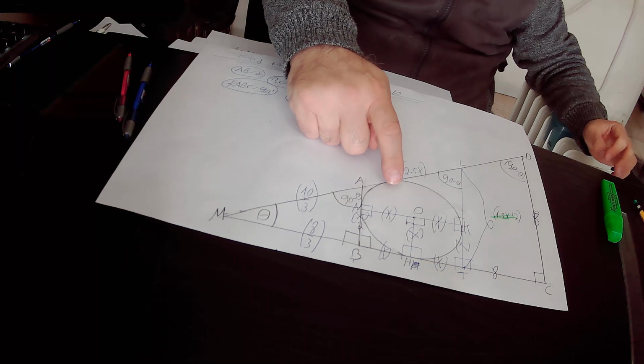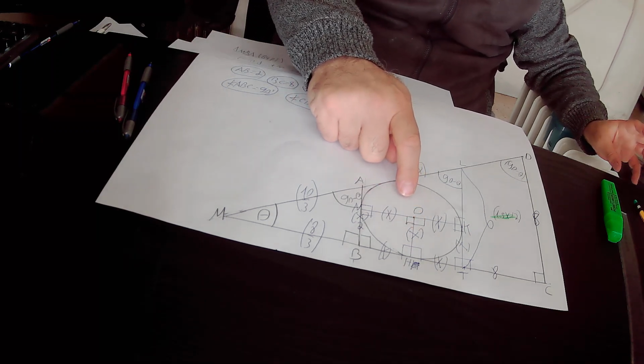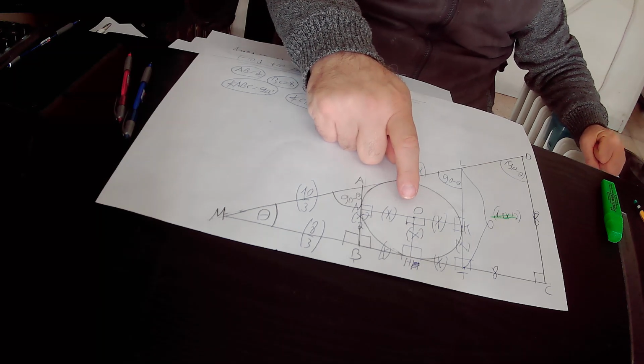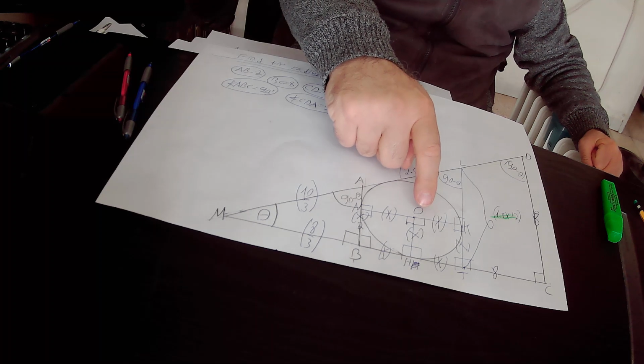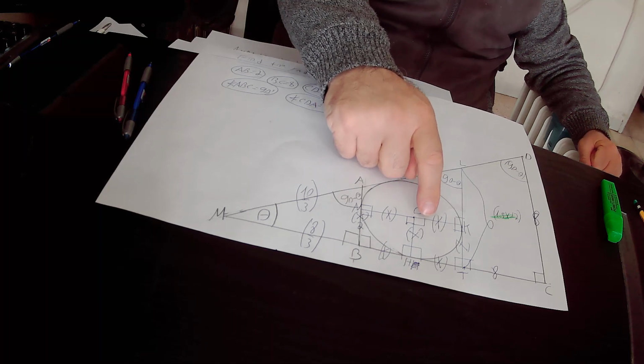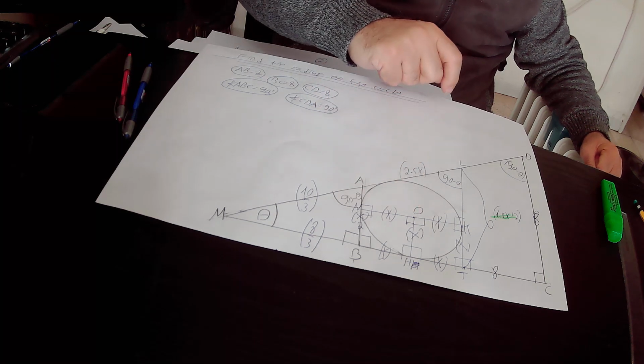Then we join points O and H together by a straight line. Point O is the center of the circle, point H is a point on the circle itself. Therefore, OH is the radius of this circle. We define the radius of this circle as X. Therefore, OH equals X because it is the radius of this circle.